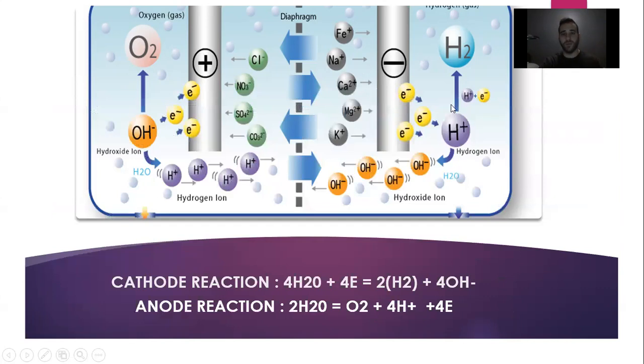Yeah, so electrons are coming off the cathode. Here, this is an example of a redox reaction, where the electrode, the cathode, is losing electrons, so it's being oxidized, and the water is being reduced. So we're creating a reduction here.